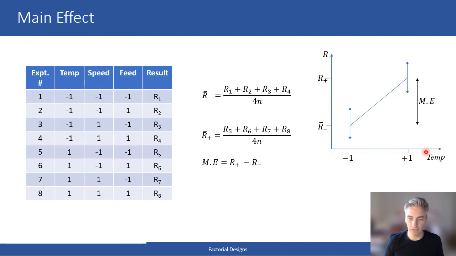So we have the coded value of the temperature on the x-axis, and the change in roughness on the y-axis, and we can see that generally as we increase the temperature, in this particular example, the roughness gets larger. So the trend is that a lower temperature might produce a smoother film over this temperature range.